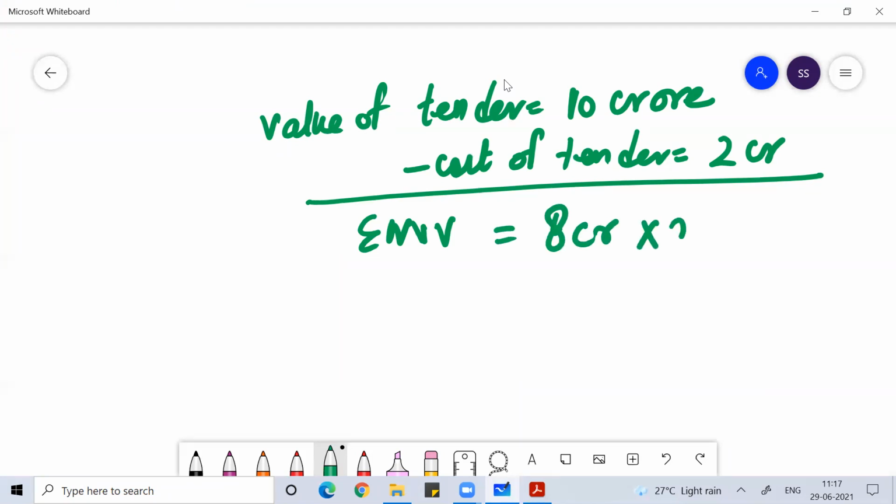On 8 crore, 50% is your probability. It's not like you'll get 8 crore like that. 50% is the probability you may get, may not get. So the economic value here would be 4 crore. Any doubt, anyone?